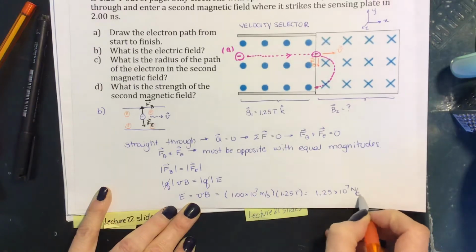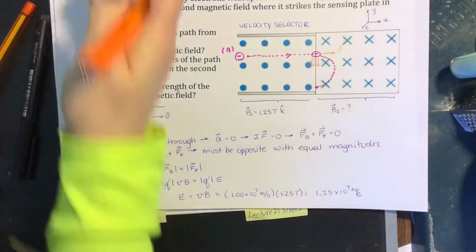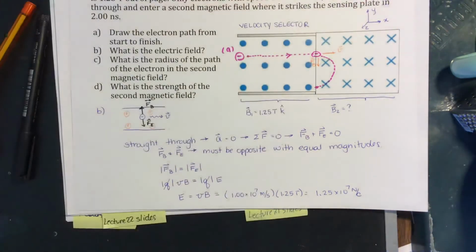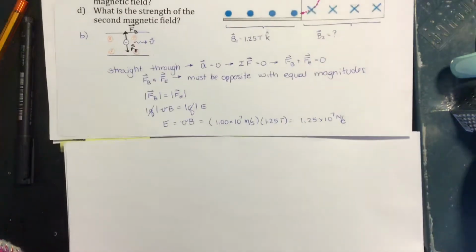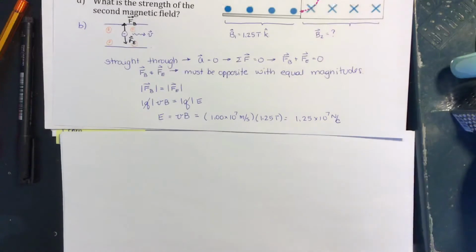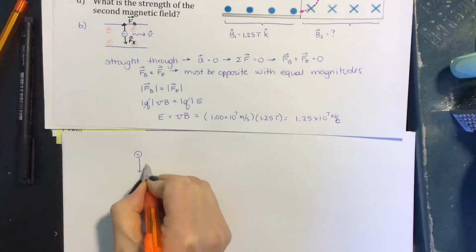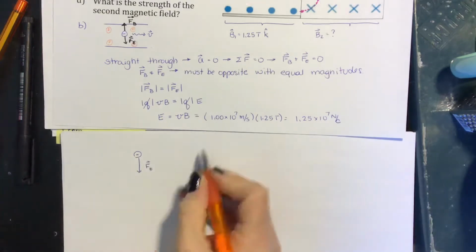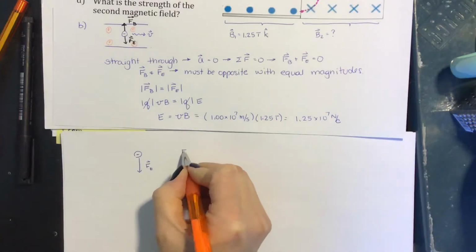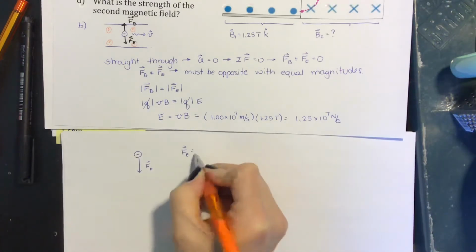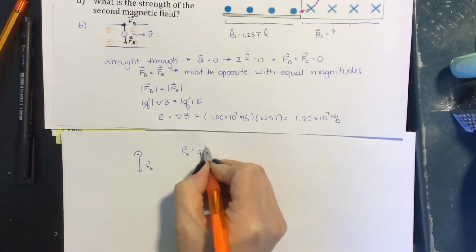What about the direction of the electric field? So we know the electric force is down. And we know electric force is equal to charge times electric field. Our charge is an electron, minus the fundamental charge.